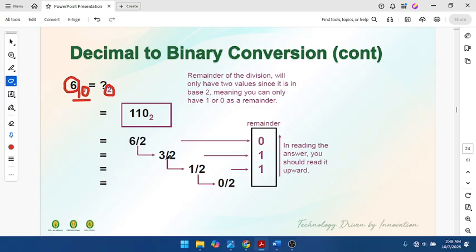So first, i-convert muna natin yung 6 base 10. So 6 base 10, we have 0, 1, 1.